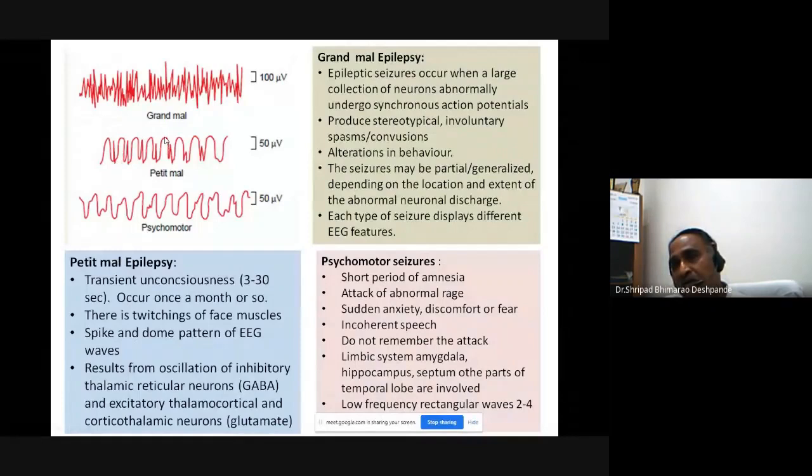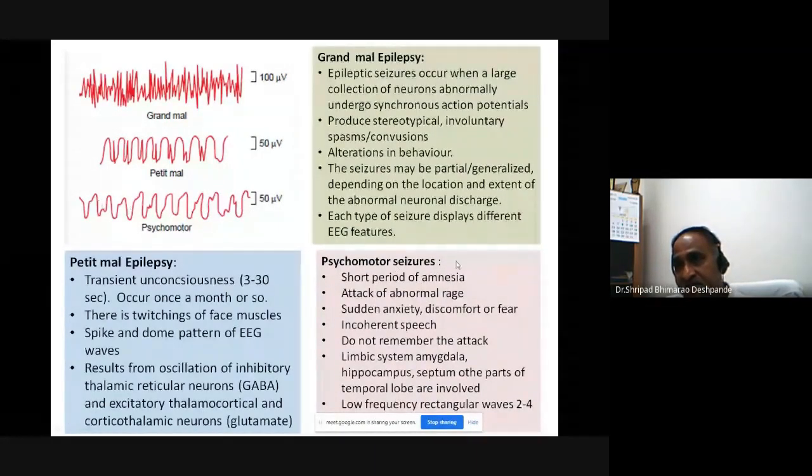Now this is less harmful than grand mal epilepsy. Grand mal epilepsy is a real big thing for the patient, the patient's relatives, and even the person attending to him.